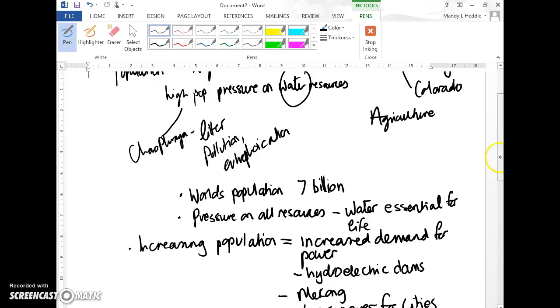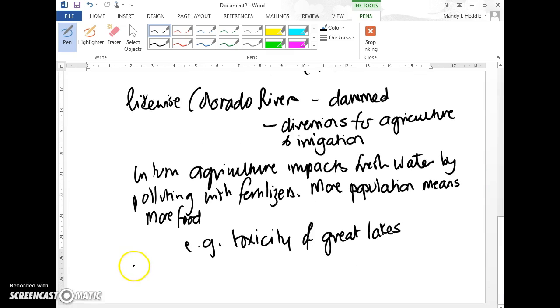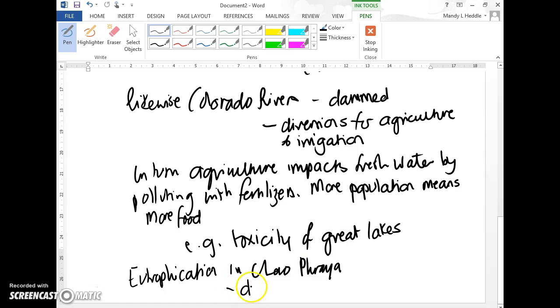All right, and then what else did I say? The Chao Phraya. So I could go on now to talk about another example of eutrophication. So now I'm linking it again to eutrophication in the Chao Phraya, and especially the surrounding klongs, and that's caused by dense population.